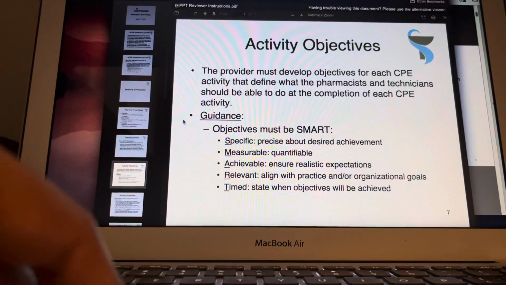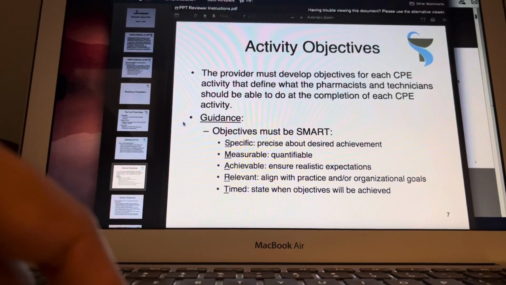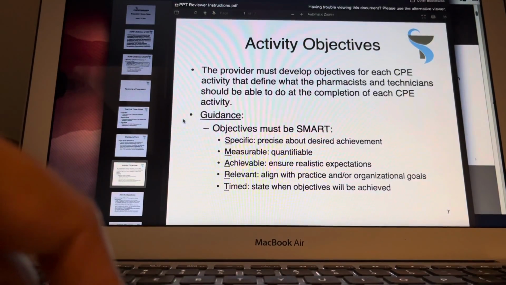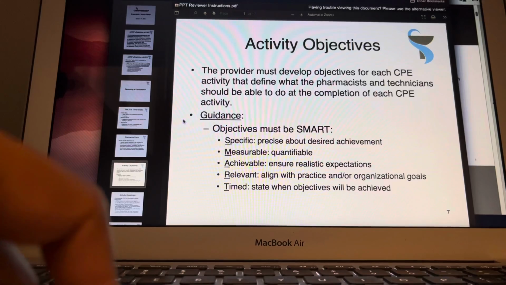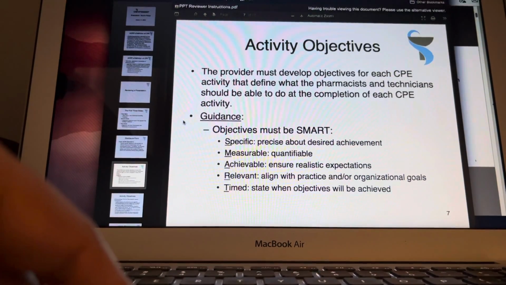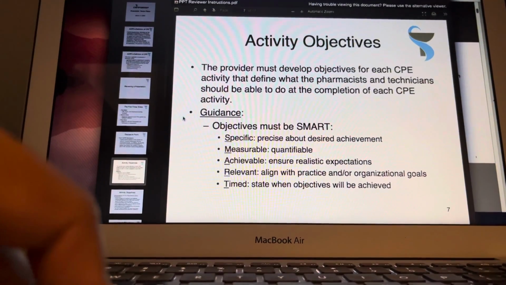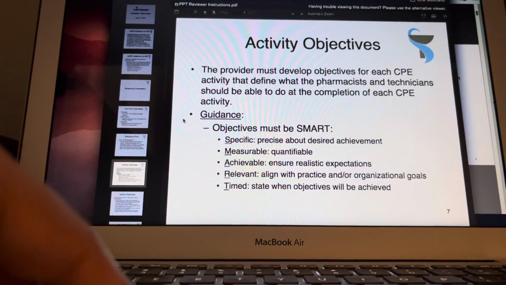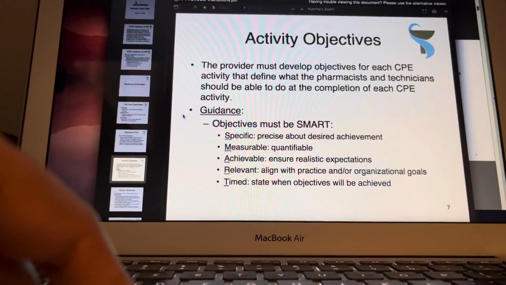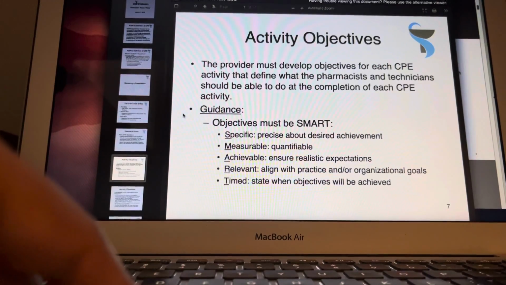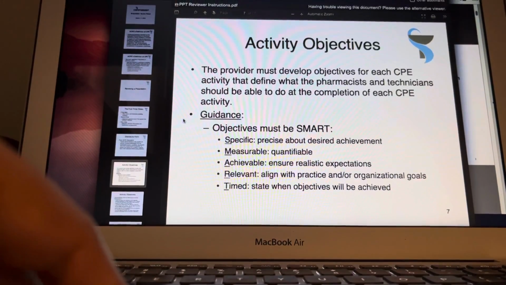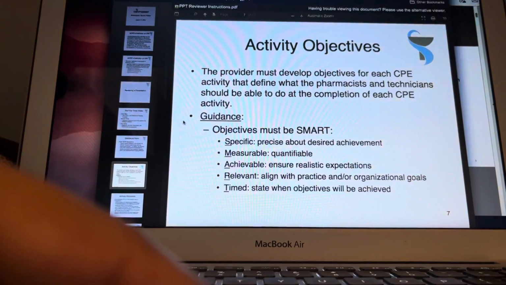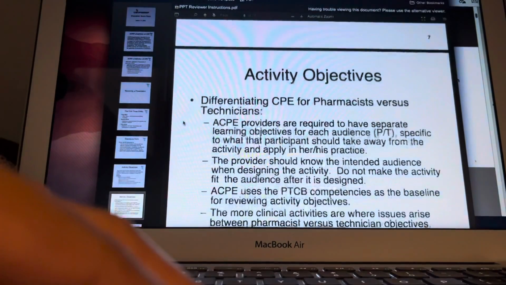S, it should be specific, precise about desired achievement. M, measurable. Is this information quantifiable? A, achievable. Do the activity objectives align with practice and/or organizational goals? And T, timed. State when the objectives will be achieved, usually at the end of the CPE session.